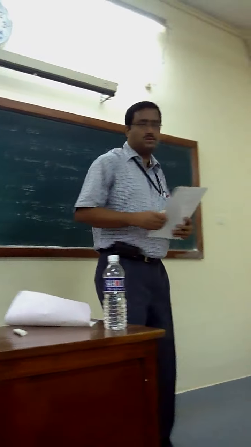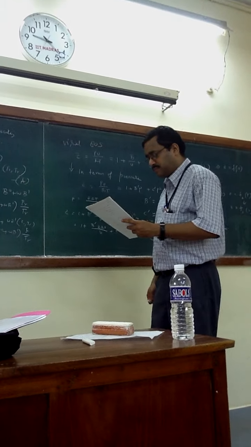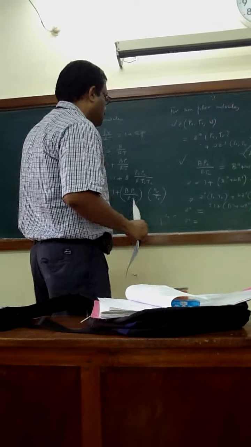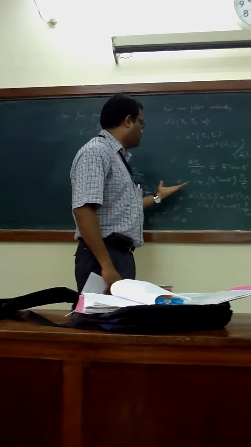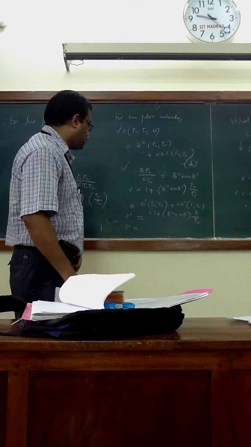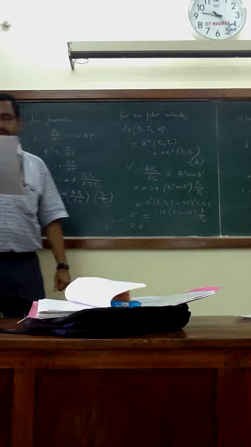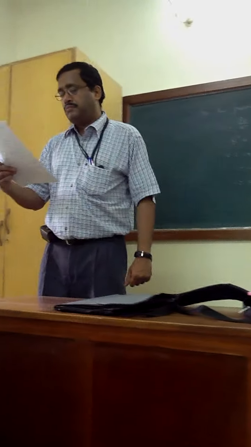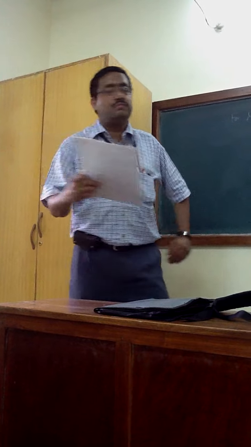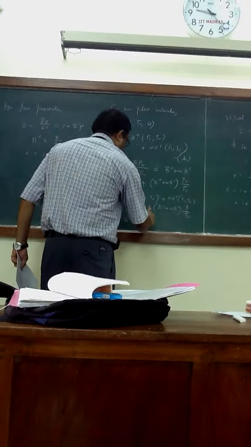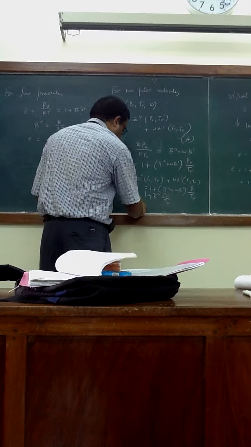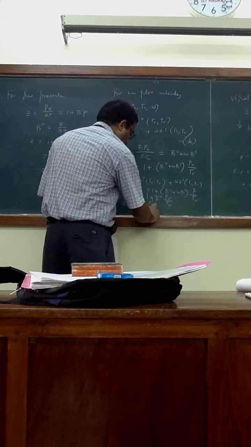If you compare both sides of the equations, there will be a term that does not have any W, and some term that has W. So Z0 is 1 plus B0 PR by TR, and then Z1 is B1 PR by TR. Am I correct?